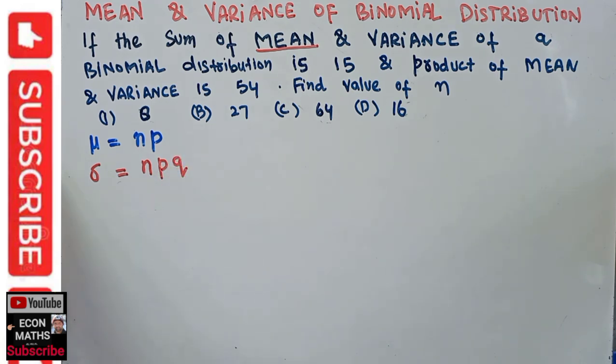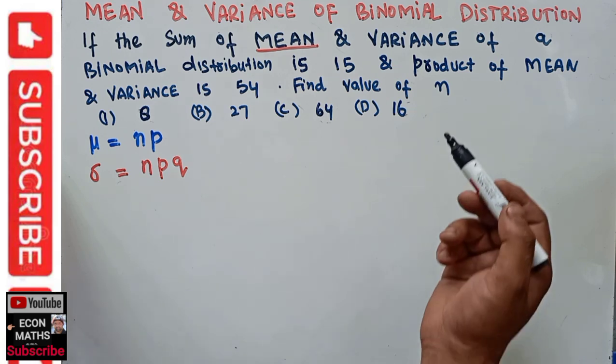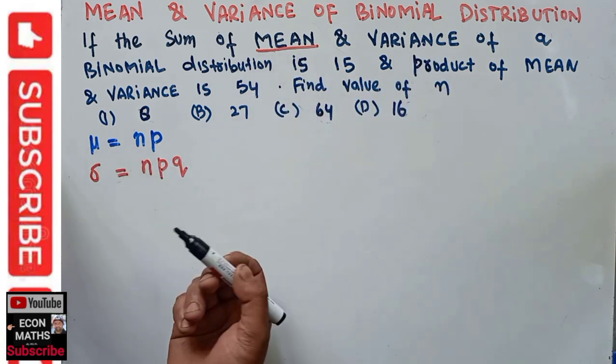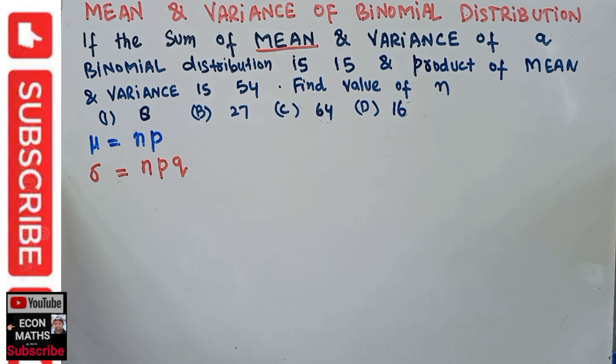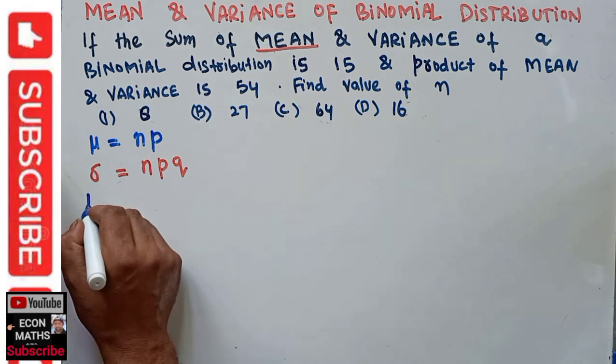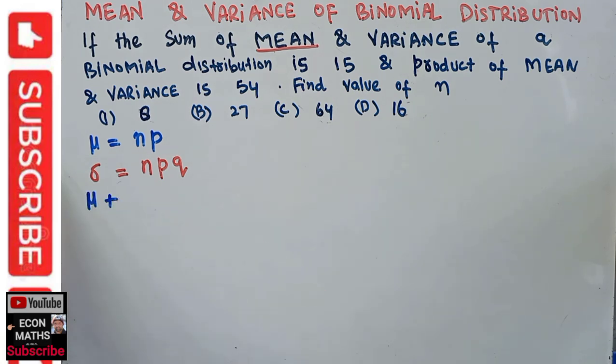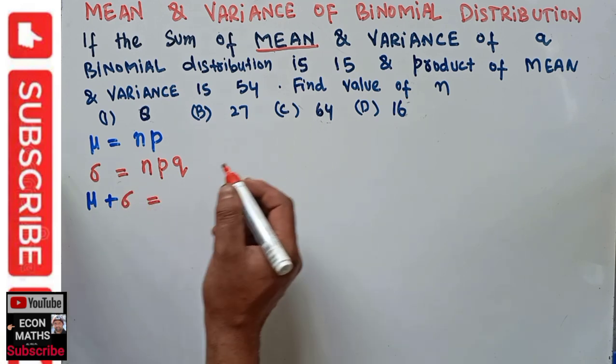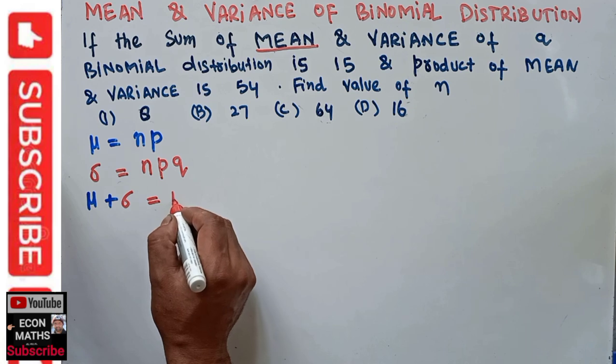Now we are told that the sum of mean and variance, mu plus sigma squared, is equal to 15.